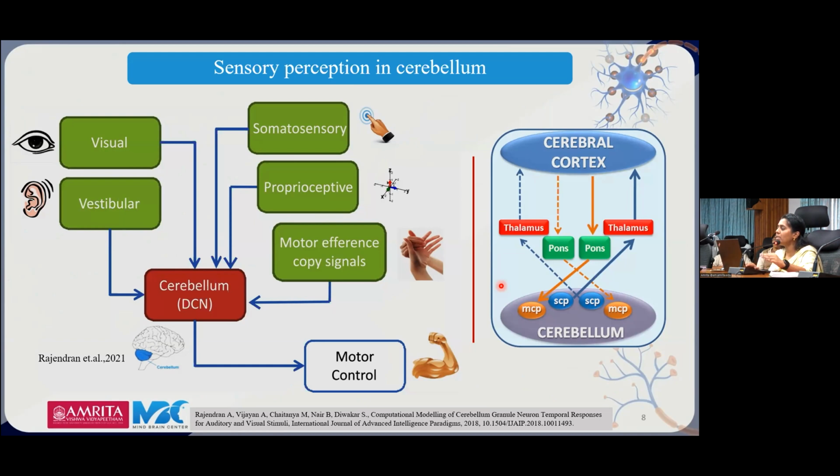This happens majorly through two pathways, the corticopontocerebellar pathway as well as the cerebello-thalamo-cortical pathway. So these are the CPC and the CTC pathway, which come into the cerebellum as well as leave out of the cerebellum.